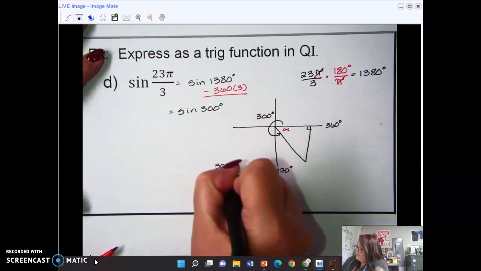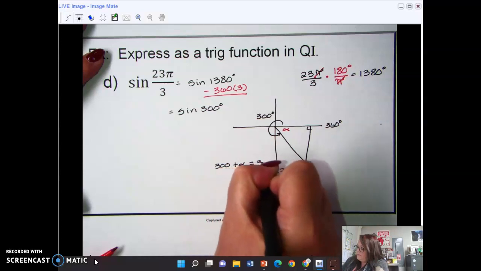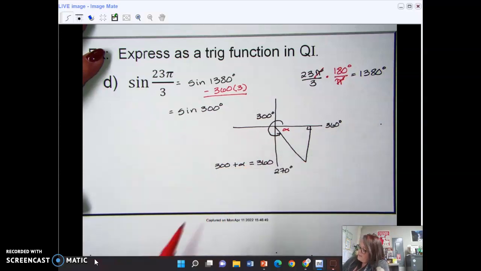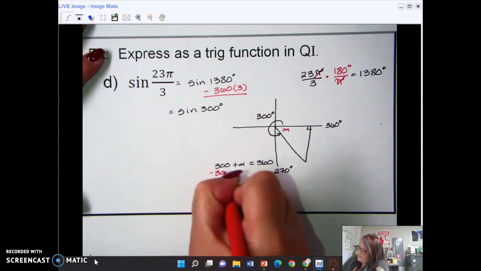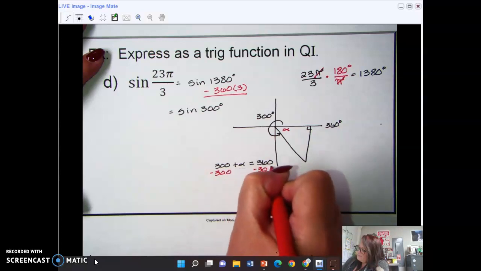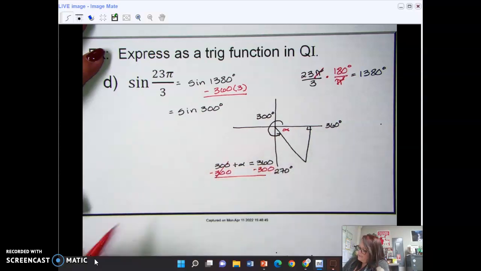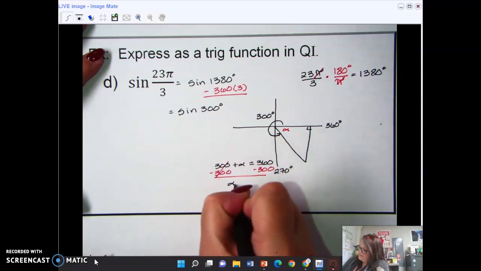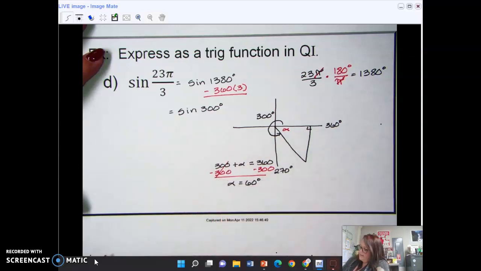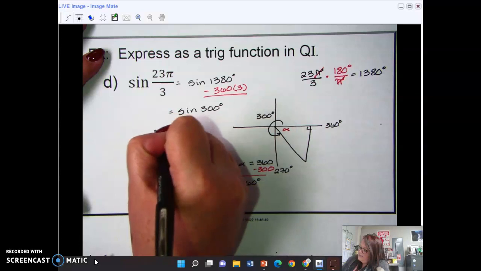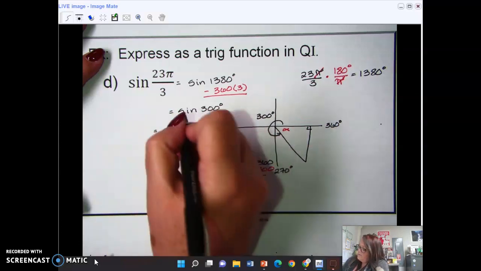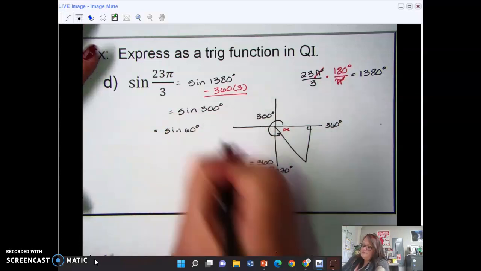So 300 plus alpha gives me 360. So if I subtract 300 from both sides, we get alpha is equal to 60, right? So that means that this is going to have the same fraction as the sine of 60 degrees.